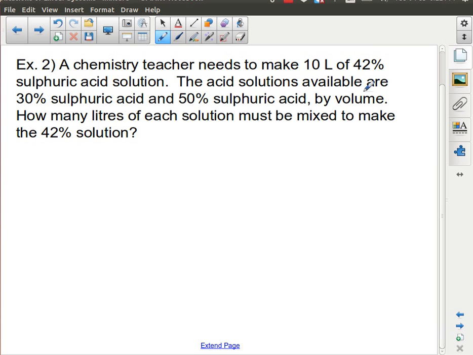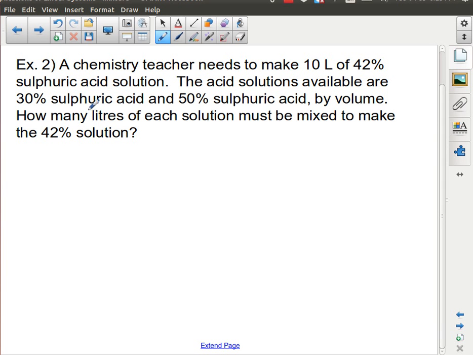The solutions that we're starting with are a 30% solution and a 50% solution. Although a lot of the questions that we do in math are very contrived, this actually is something that happens in the chemistry lab.